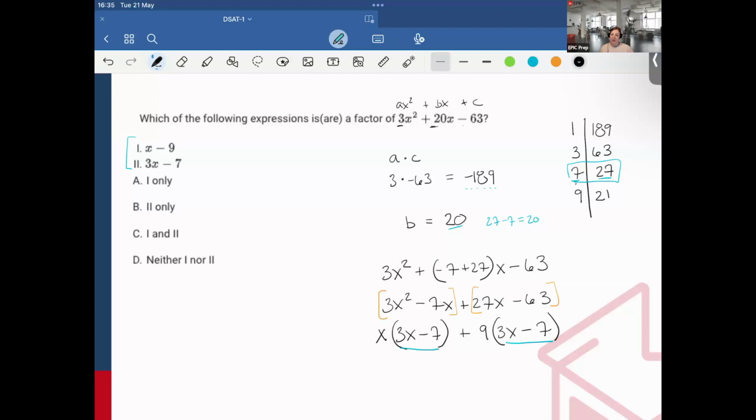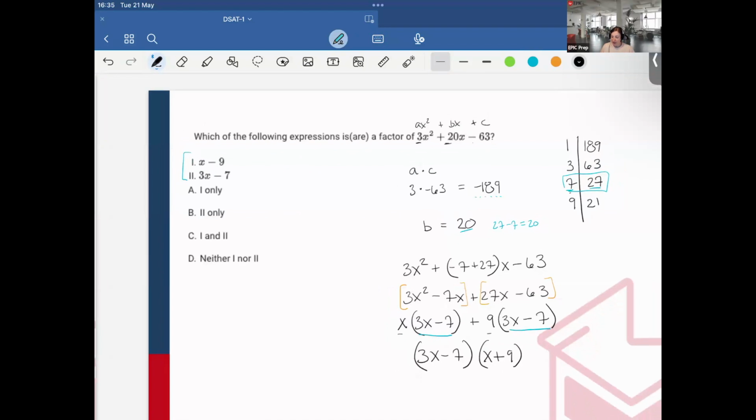And then the final step would be to factor the polynomial by factoring out the greatest common factor, in this case 3x minus 7. So basically I have the x plus 9 together, so this is 3x minus 7 and x plus 9.